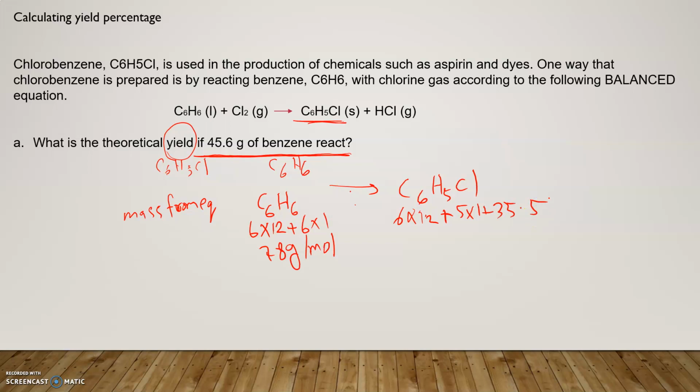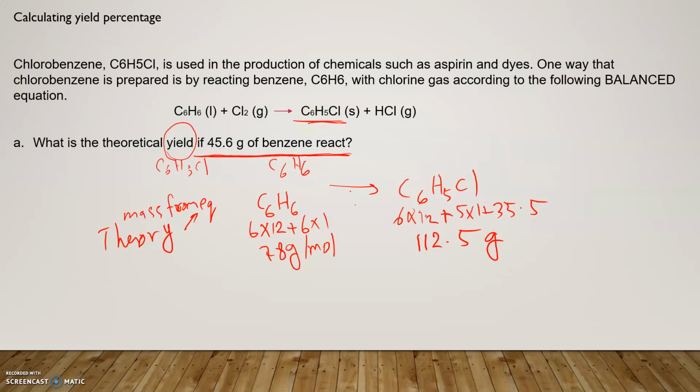So 72 plus 5 plus 35.5 gives 112.5 grams. So in theory, from the equation, you need 78 grams of benzene to have 112.5 grams of chlorobenzene.